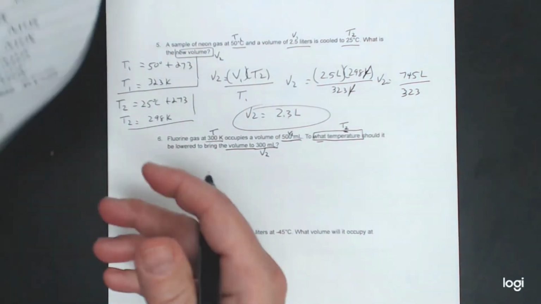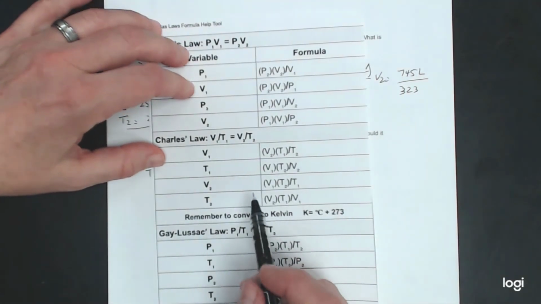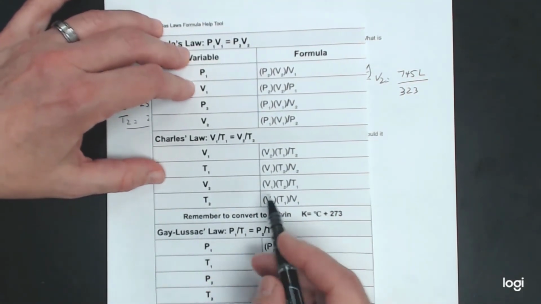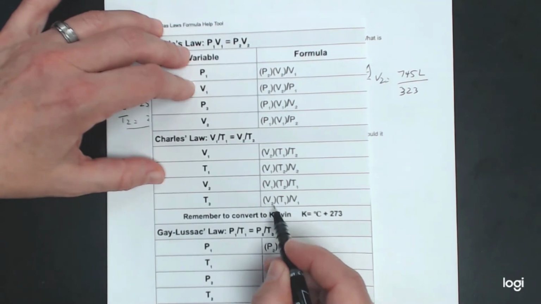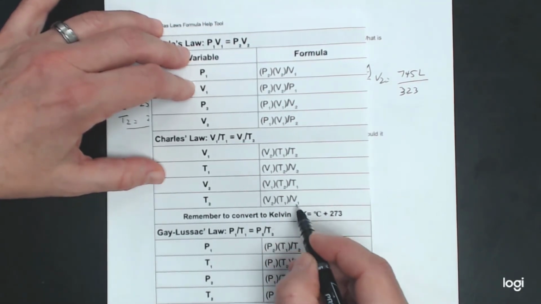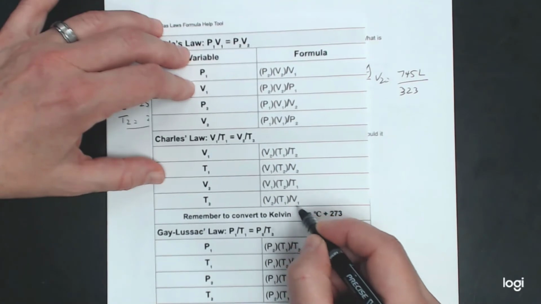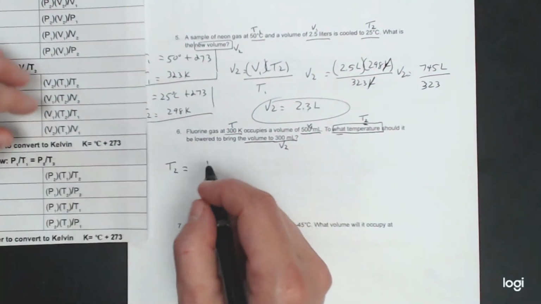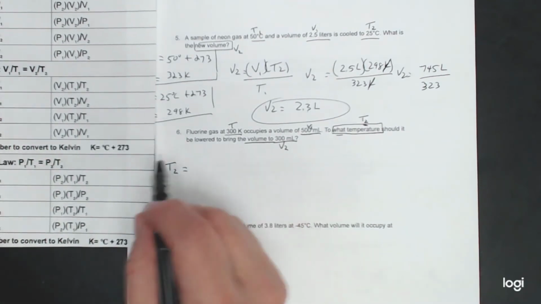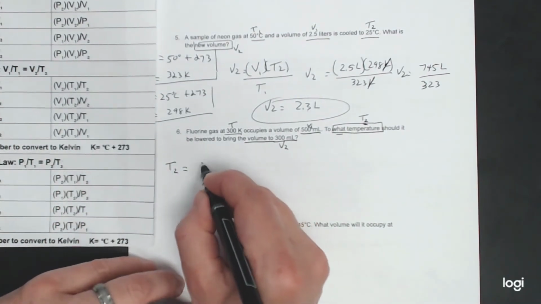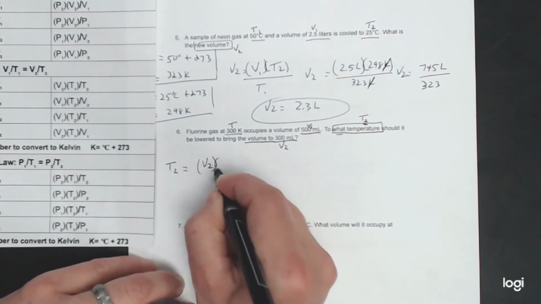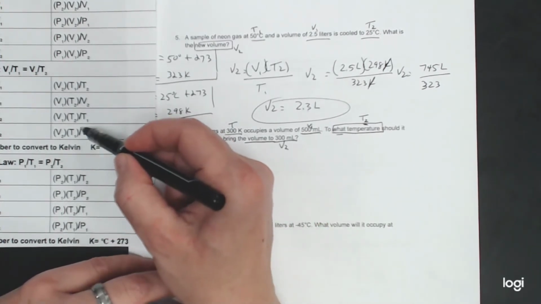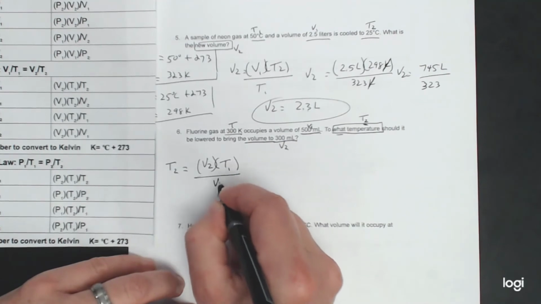And if we look at our document, and again, we are still working in the center of this document with our Charles's Law problems, T2 is the same as saying V2 times T1 over V1. There's that forward slash, which means over V1. Let's set that up. T2, using our formula right here, is V2 times T1 over, and that's what that forward slash stands for, over V1.